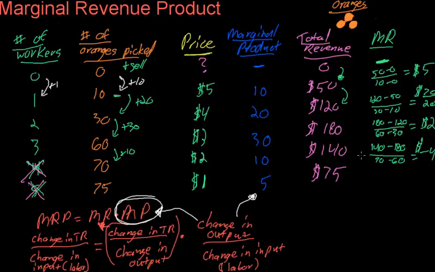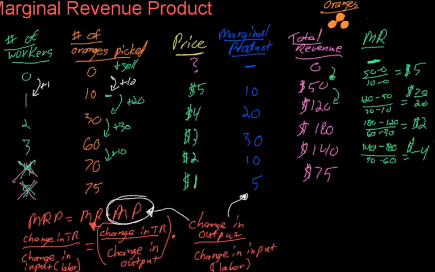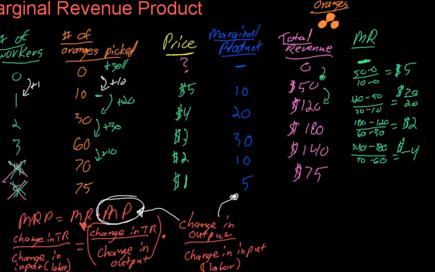Alright, so now we have marginal product and we also have marginal revenue. So we can calculate marginal revenue product, which is what we've been after this entire time. So right here we can calculate marginal revenue product, which is going to be marginal revenue times marginal product. So 10 times 5 is going to be $50.